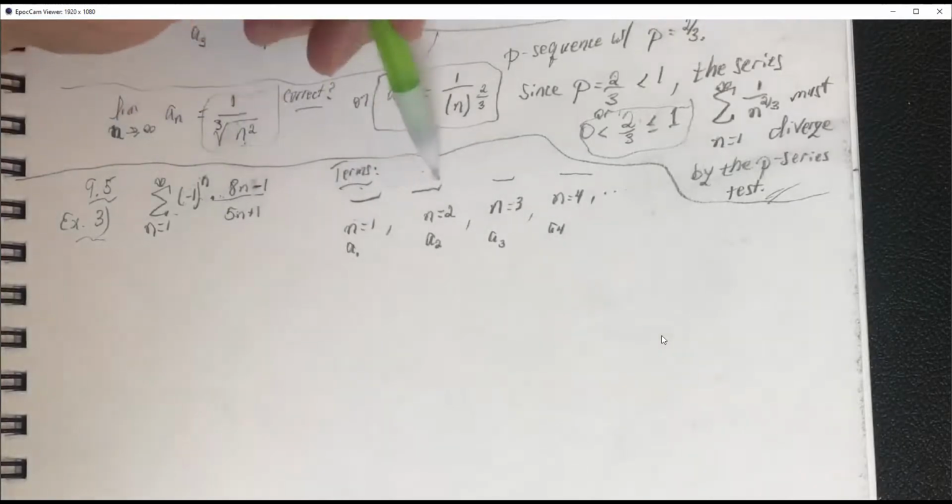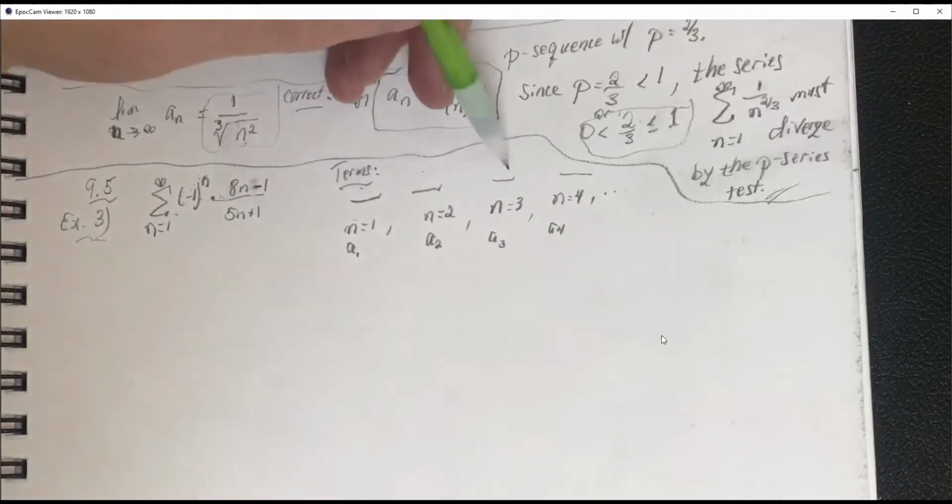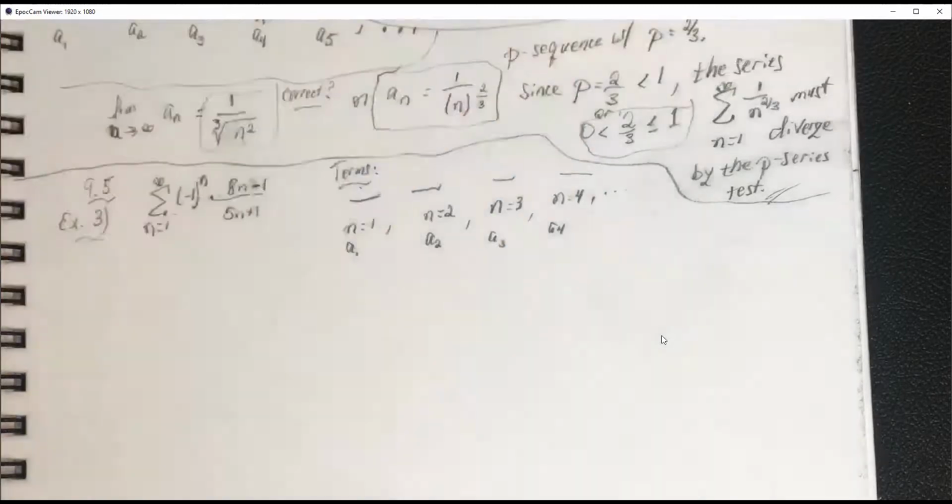So what's going to happen to these terms? They're going to start with negative, positive, negative, positive. So they're going to do what? What's that called? Oscillate. Oscillate or alternate. Good. Very good.